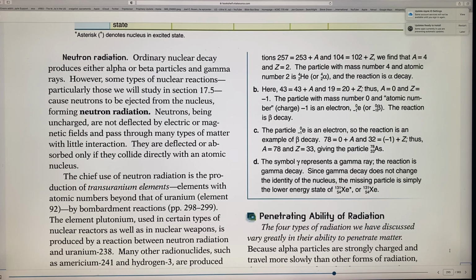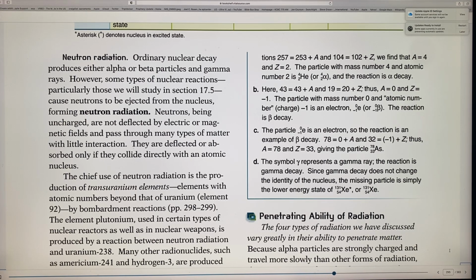This is pretty rare because ordinarily nuclear decay produces either alpha or beta particles and gamma rays. But in some types, a lot of the types they're going to study, they shoot neutrons, cause neutrons to be ejected from the nucleus altogether. It's shooting neutrons, bombarding neutrons. And this bombardment of neutrons is called neutron radiation.